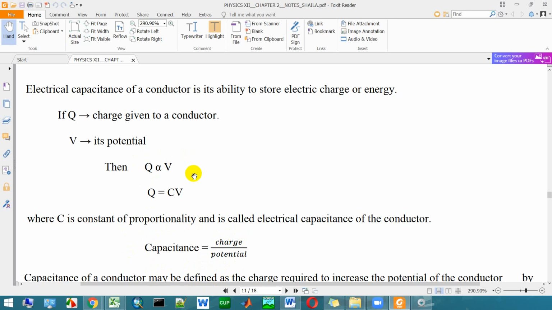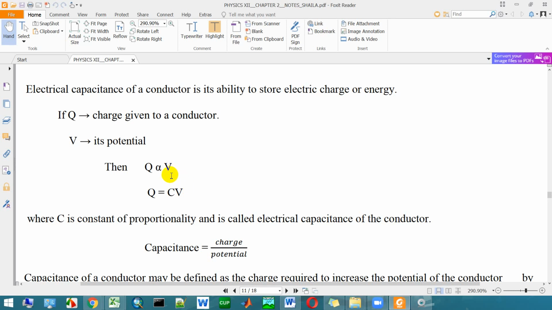And this is the principle of any capacitor. The charge given to a capacitor is directly proportional to the potential difference between the plates of the capacitor. Actually, a capacitor consists of two conductors. If it is a single conductor, then the second conductor we assume is at infinity. So there is a potential difference between the two conductors.